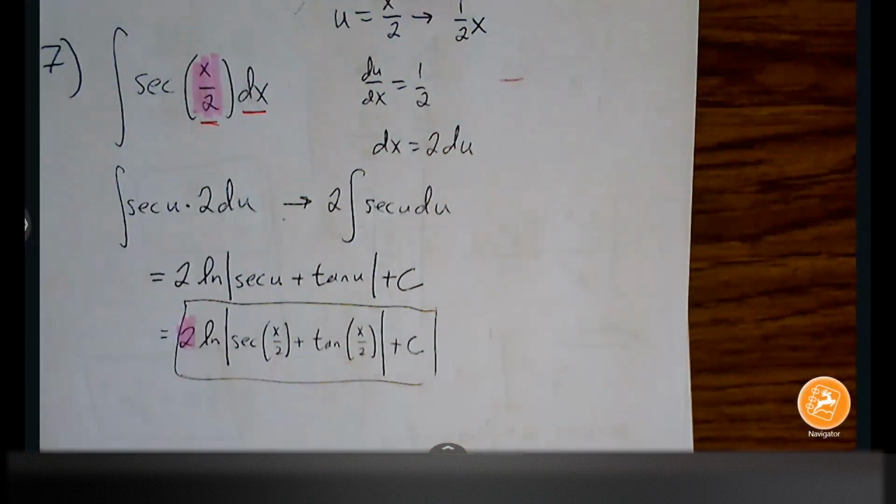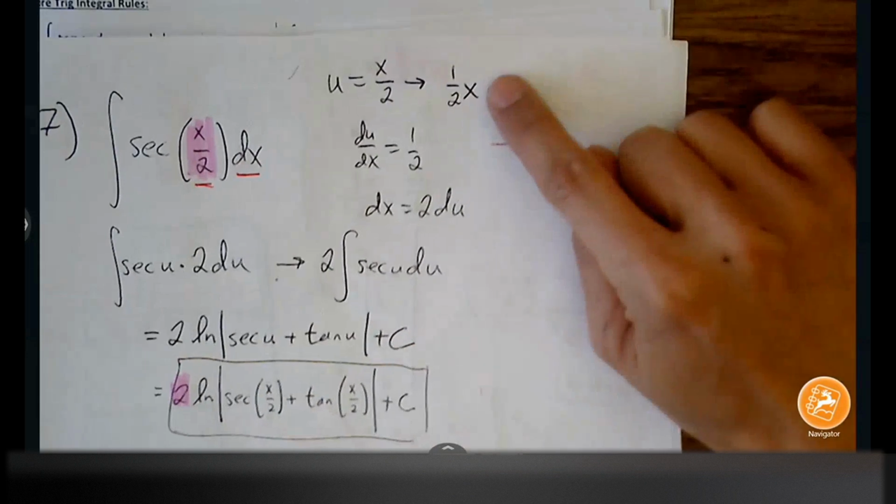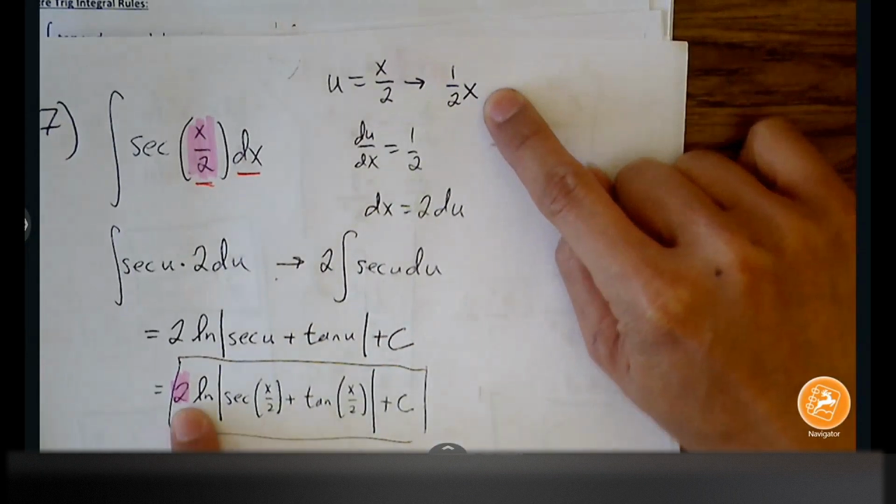What's that relationship? Anybody want to take a guess? Or what's the relationship between 1/2 x and 2?